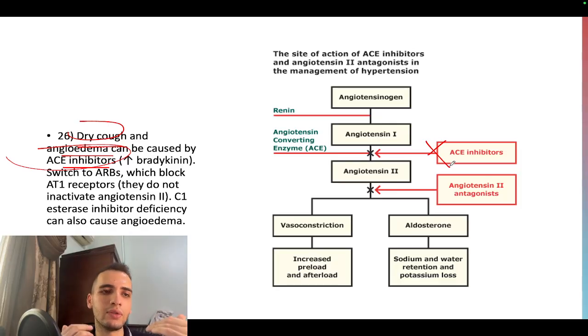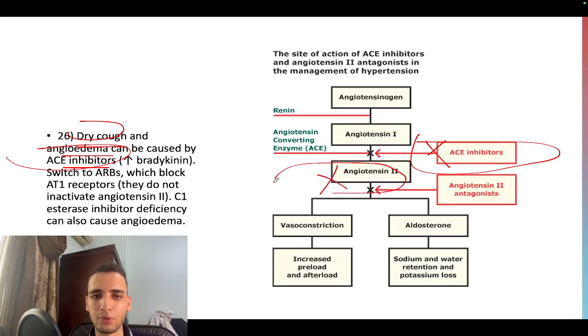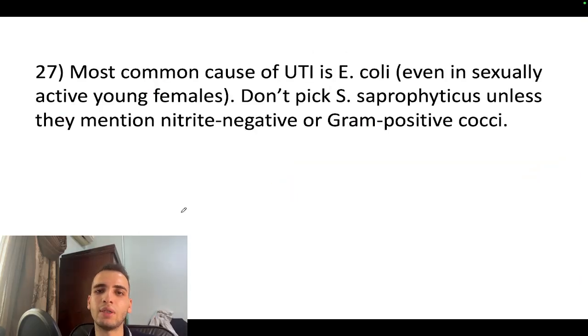Bradykinin will accumulate, and it can cause this dry cough and angioedema. ARBs, on the other hand, has nothing to do with inhibiting the ACE. It just blocks the angiotensin receptor itself, so it will not cause this problem. Now, another important cause for angioedema is C1 esterase inhibitor deficiency, and it's an inherited disease, and they will usually describe it as a family history.